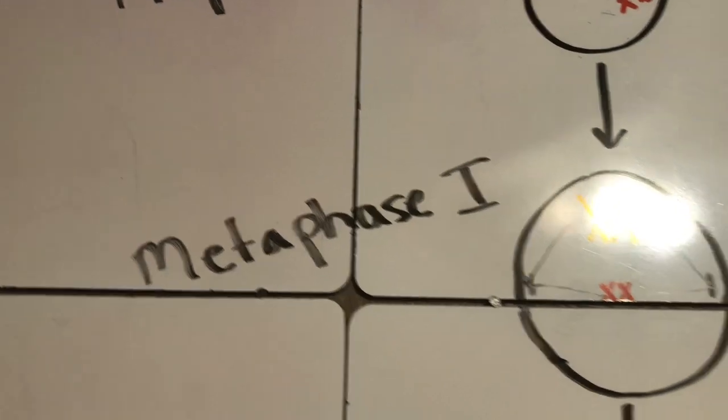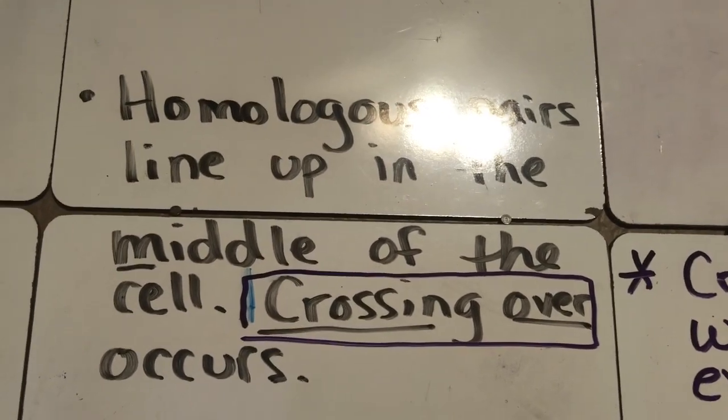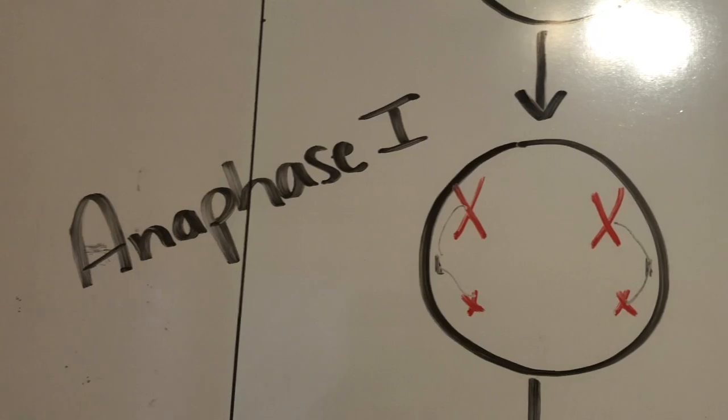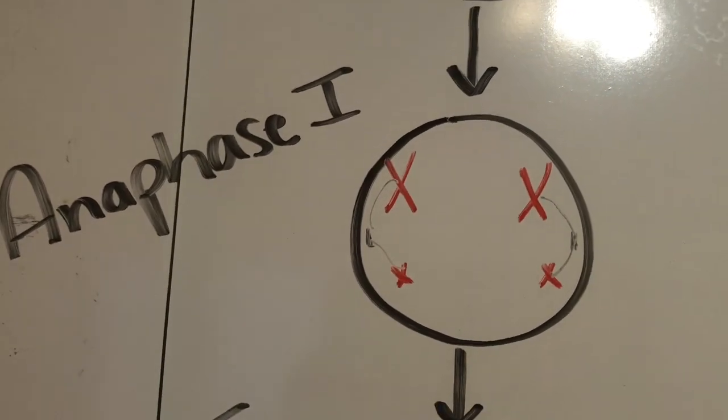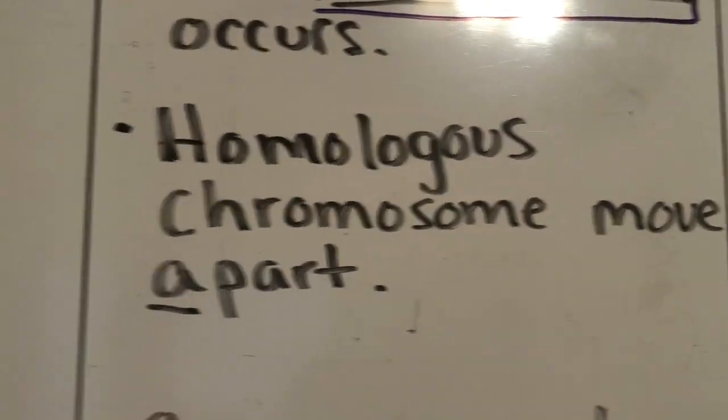From prophase 1, we go down to metaphase 1. The homologous pairs line up in the middle of the cell, and crossing over takes place. We'll talk about that in a minute. Then we go down to anaphase 1, where those homologous chromosomes split apart, voila.